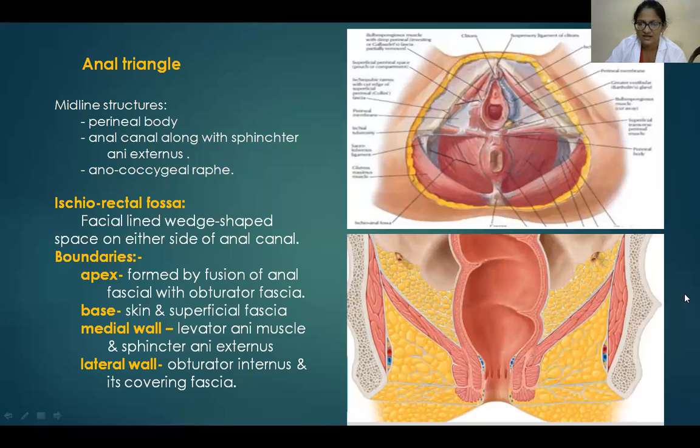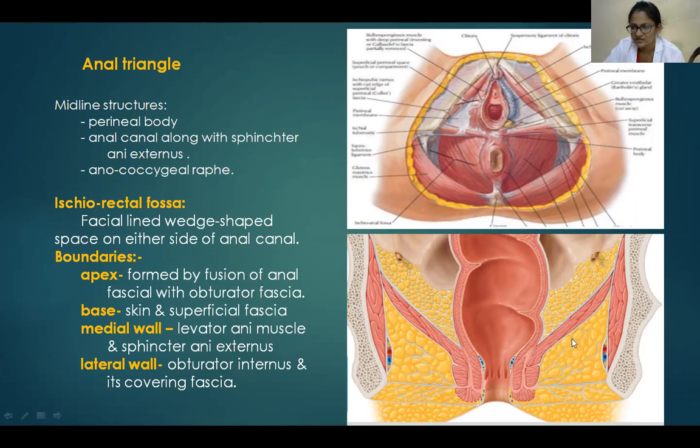It consists of an apex, base, medial wall and lateral wall. These are the boundaries of the ischiorectal fossa. See how the apex is formed. The apex is formed by the fusion of the anal fascia with the obturator internus fascia. This is the obturator internus muscle, and this is the levator ani muscle.